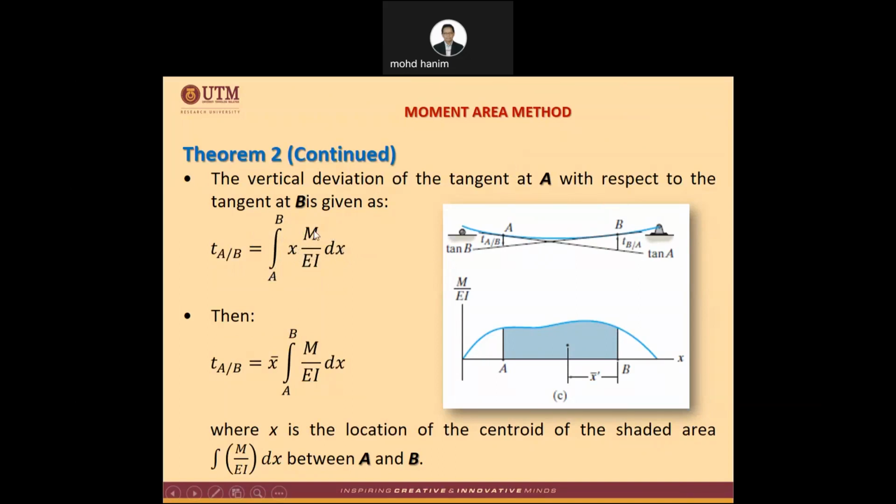This is the moment area. And what is X multiplied by this? This is the first moment area.